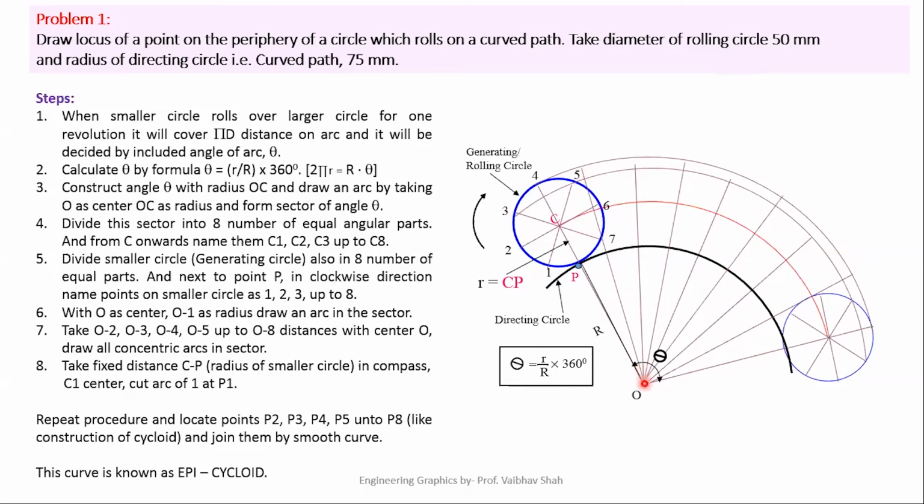Now put your rounder and take your radius equal to O to 2 and draw one line which will pass from 2 and 6 here. So we have put our rounder at O, and we have taken the radius equal to O to 2, and we have drawn one circular radius. Now once again put your rounder at point O and take radius equal to O till 1 and draw another radius.